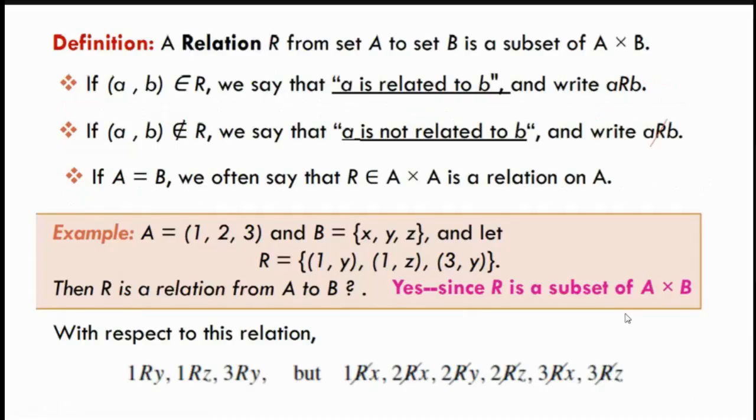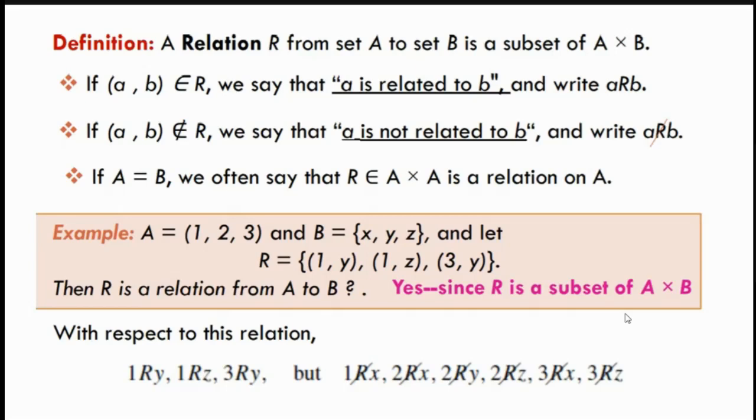We'll see some more examples here. A relation R from set A to set B is a subset of A cross B. Just now we discussed it. Now, the representations will be done like this. If (A, B) belongs to capital R, which is the relation R, we say that A is related to B, and we'll write A R B. If it does not belong to R, we use the belongs-to symbol with a cross mark over it.